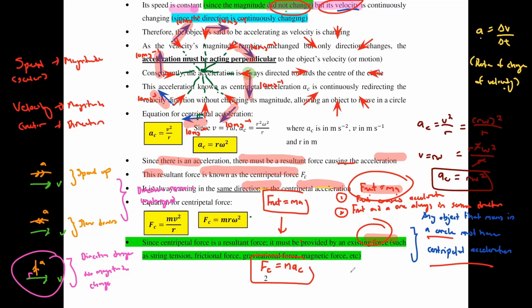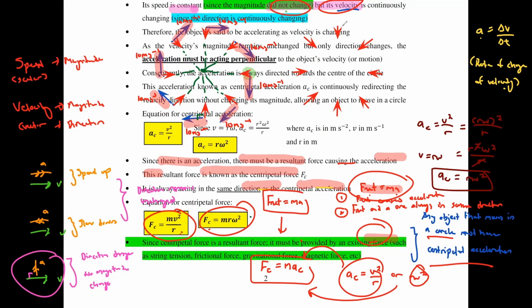Just now we know that centripetal acceleration is either v squared over r or r omega squared. So you just sub this in, and you will eventually get Fc is mv squared over r, or Fc is mr omega squared. You are basically just taking the mass multiplied with the centripetal acceleration to give you the expression for centripetal force. So these are the equations representing centripetal force.